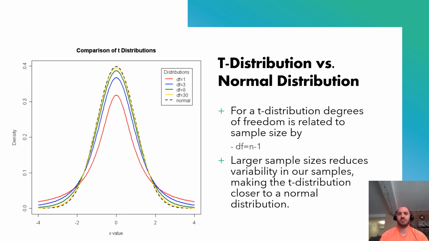So if you have a really, really large sample size, you actually could get away pretty well with using your standard normal table and your z-scores. But especially for smaller sample sizes with low degrees of freedom, you really need to make sure you use a t-distribution. Otherwise, your estimates will be pretty far off. Your confidence level won't be what you claim it is.